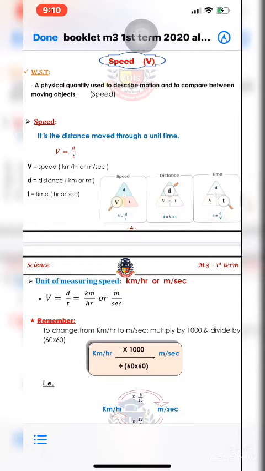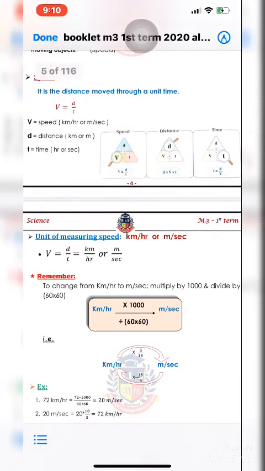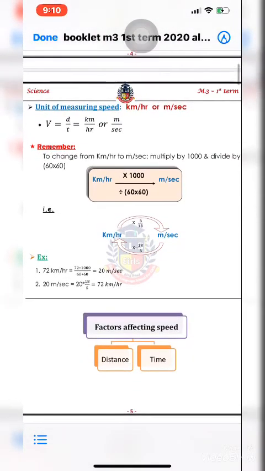And the law to calculate speed is V equals D over T. The measuring unit of speed is kilometer per hour or meter per second. We change from kilometer per hour to meter per second by multiplying by a ratio which is 5 over 18, and vice versa when we change from meter per second to kilometer per hour.